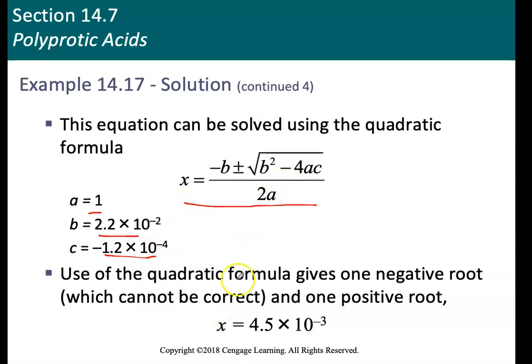So substitute the values and find x. There will be two values of x here, remember, because of this plus or minus sign. One will be a positive root and the other a negative root. Which one are you going to use? The positive root.